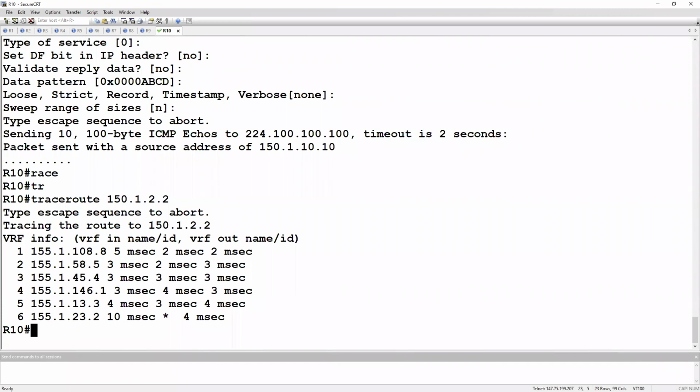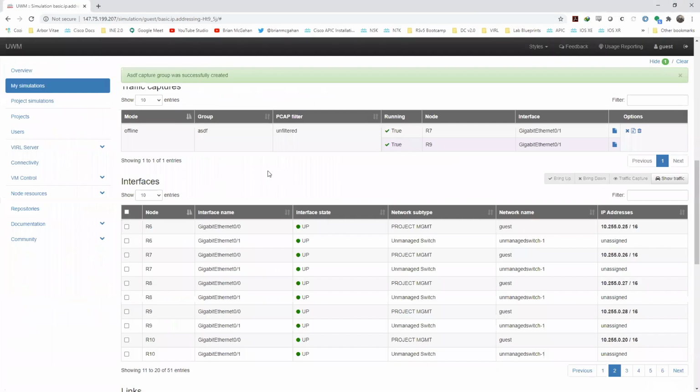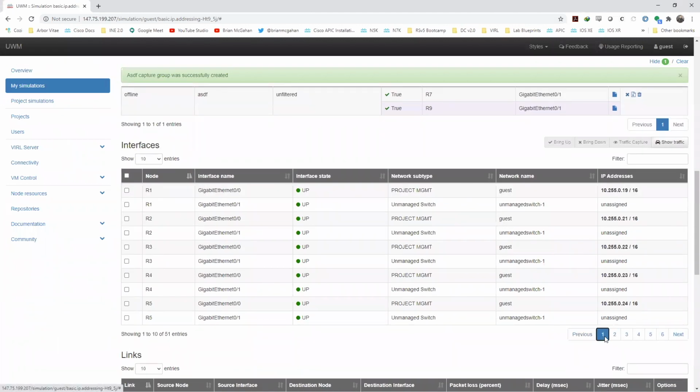Okay, so let's go ahead and do a packet capture on, let's say, router 5. So we can see that PIM join message.